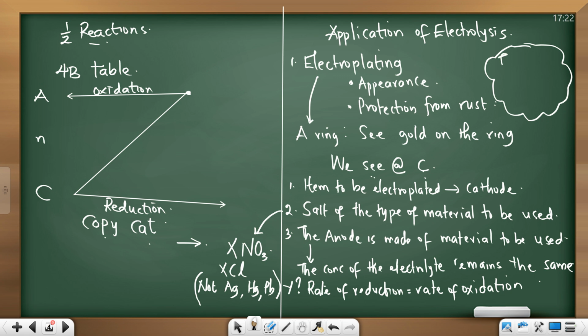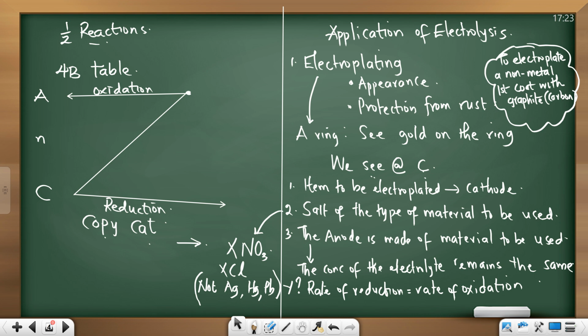To electroplate a non-metal, first coat with graphite, which is carbon. Graphite is the same as carbon.